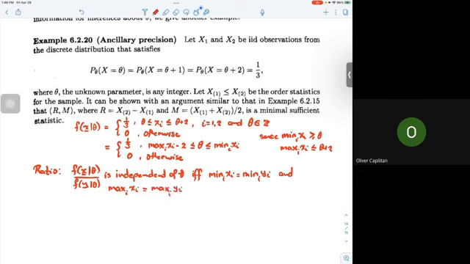Okay, it's independent of our parameter. You can see that using that ratio.